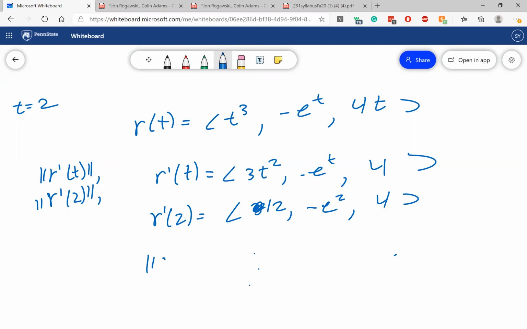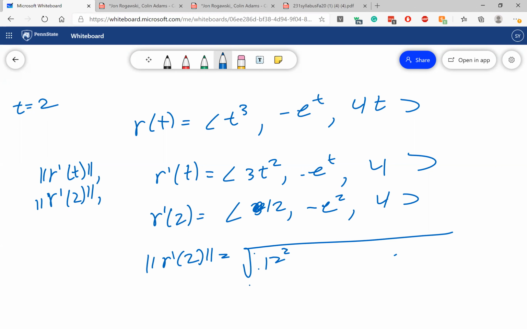So the magnitude of r prime of 2 is going to be equal to the square root of 12 squared plus e to the 2 squared plus 4 squared. That's going to be our speed. And that's equal to 14.6 feet per second. So that's the speed of the particle at that point.